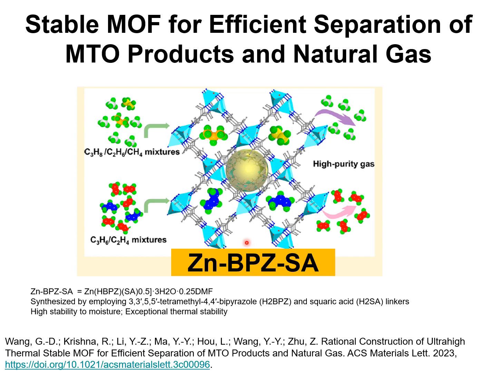In the methanol-to-olefin process, the reactor products contain a mixture of propylene, C3H6, and ethylene, C2H4. We would like to separate these mixtures to obtain both propylene and ethylene. And Zn-BPZ-SA is capable of undertaking this separation task.